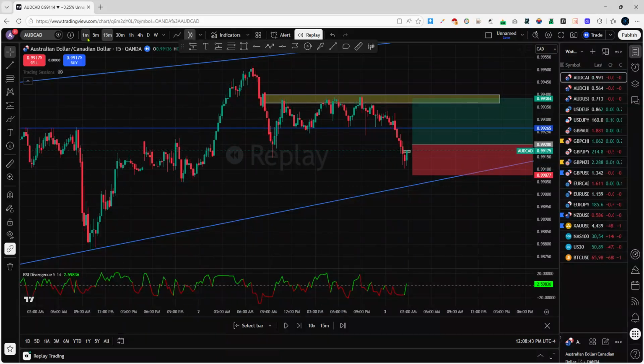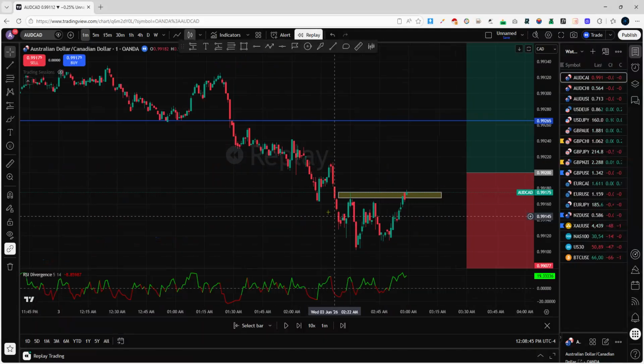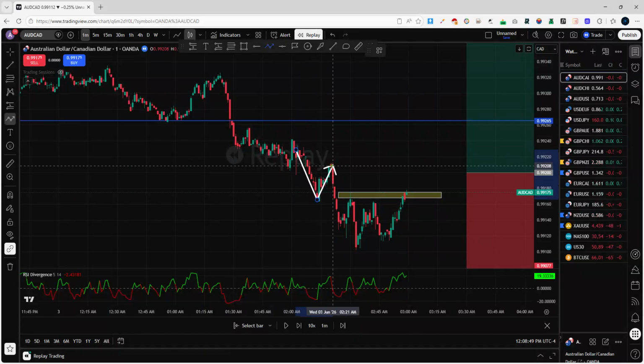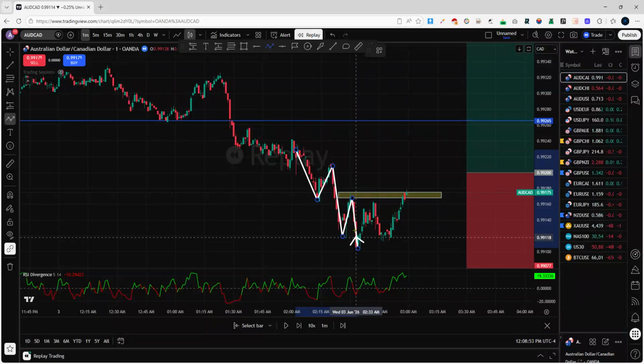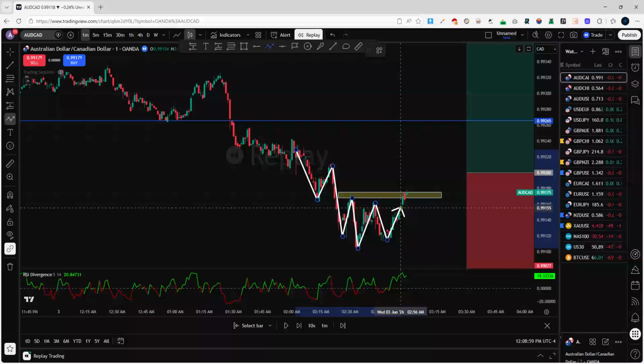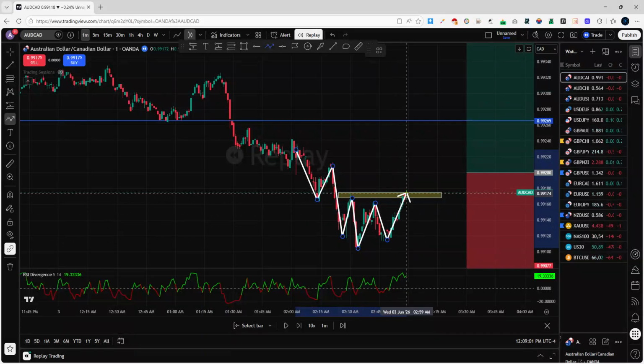So if I drop down to the 1 minute, what do we see price do? We see price make a low, make a high, make a lower low, make a higher low. Boom, this is the lowest low. So we have to wait for price to break the structure and get up. Uh-oh, we made a higher high, a higher low, right? Boom, we passed it.